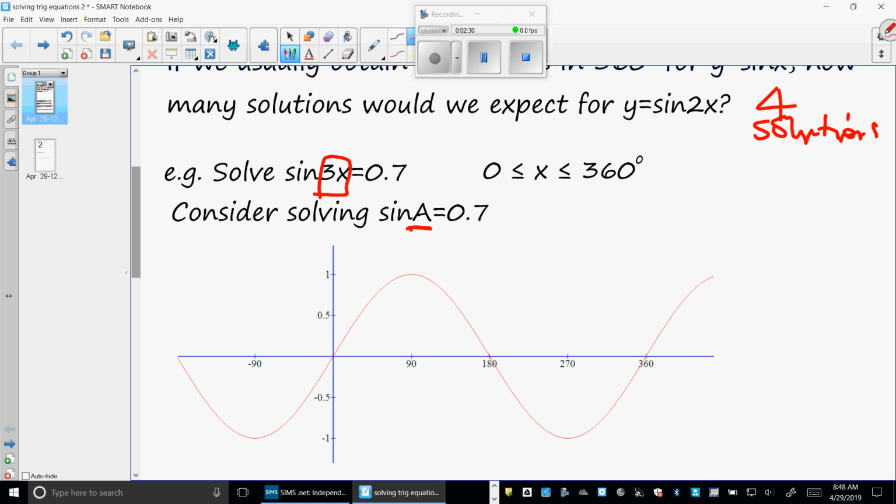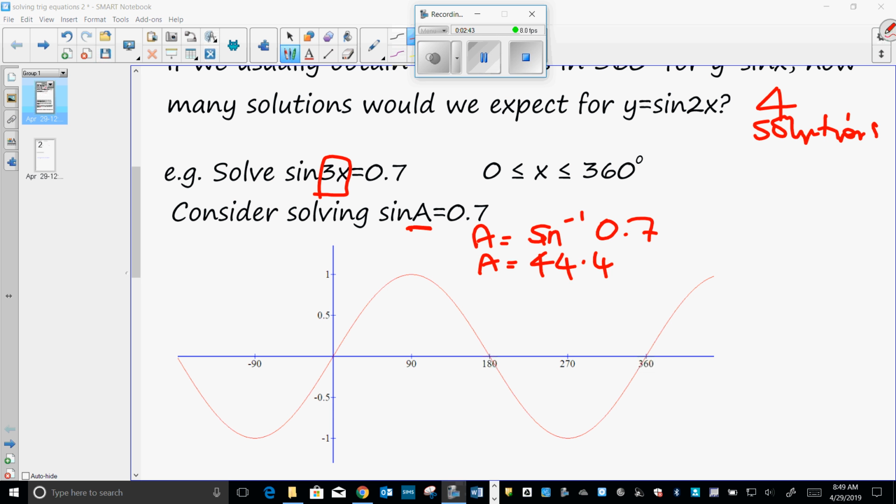And how would we do that? What's our first step? Sine inverse of 0.7 is going to give us A, yes? Let's put that in our calculator. Right, so we've got 44.4 as our solution. And what do we do then?